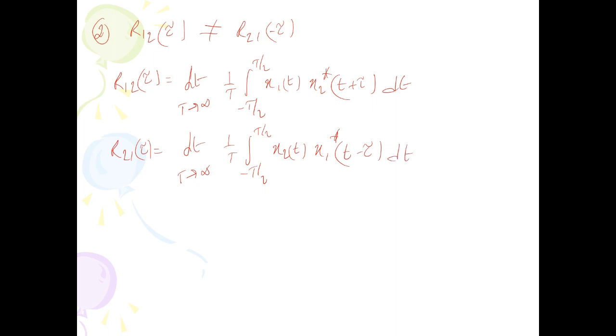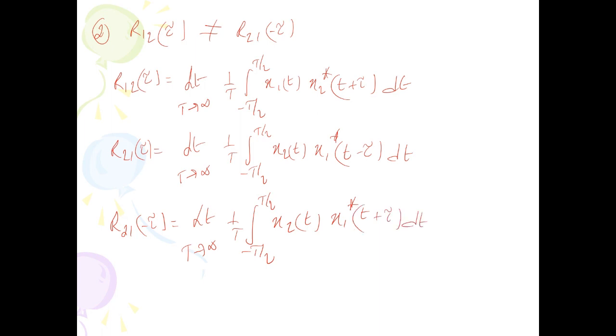Replacing R21 of minus tau in this equation, this is limit T tends to infinity 1 by T integral minus T by 2 to T by 2 x2 of t and x1 star of t plus tau dt. So from this we can understand that R12 of tau is not equal to R21 of minus tau.